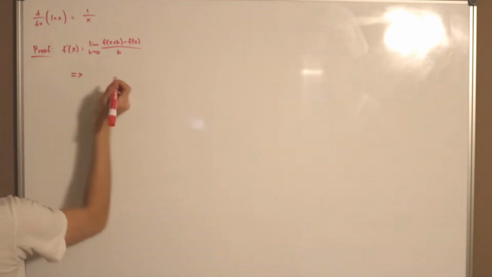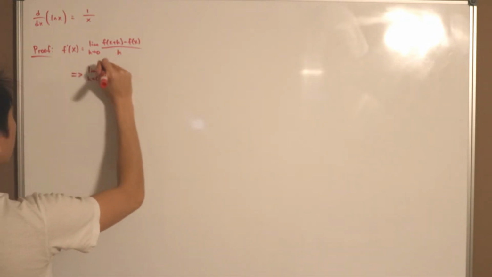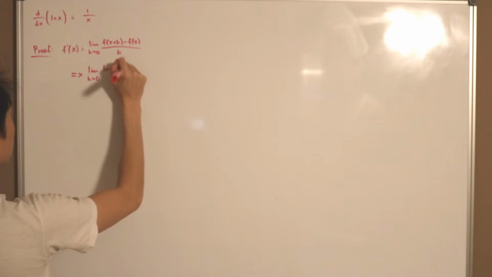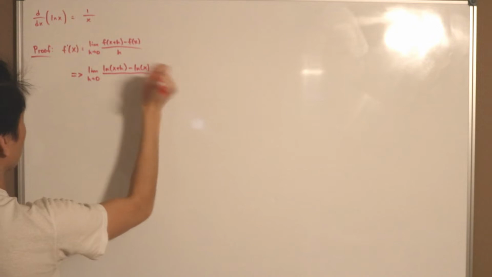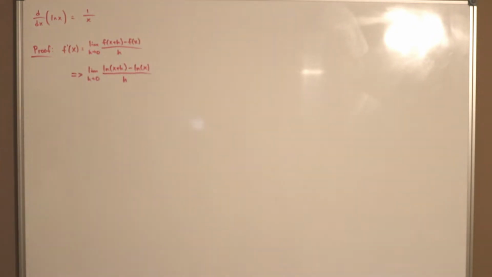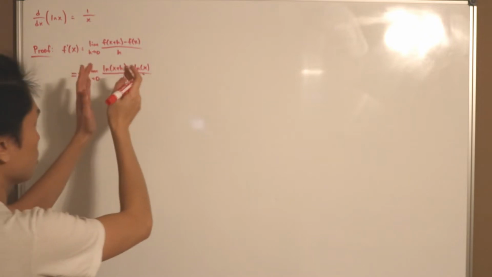So we can rewrite this as the limit as h approaches 0 of ln of x plus h minus ln of x, divided by h. And we can rewrite the numerator as a single logarithm.